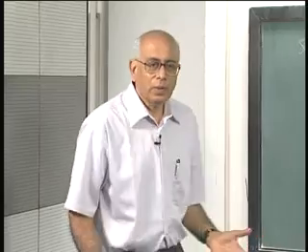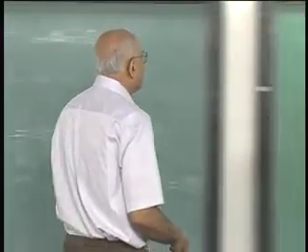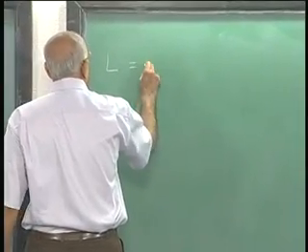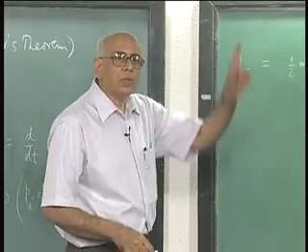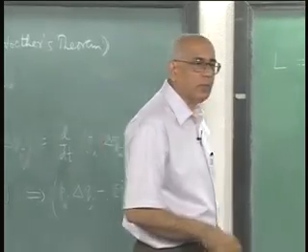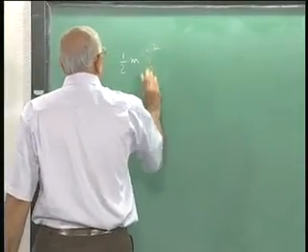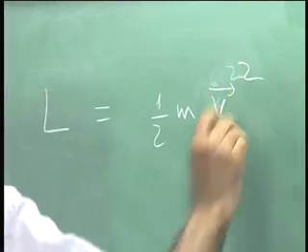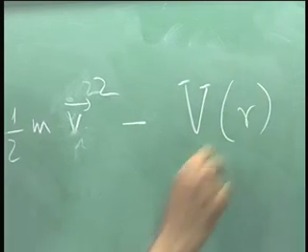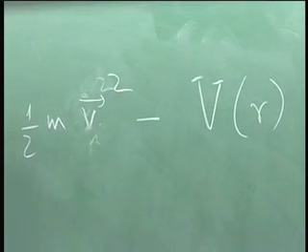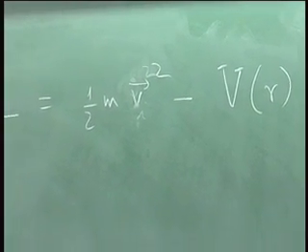Now let us apply this. I know that if I take a particle in some potential, say a central potential for example, so let us see what happens then. So I start with L for a single particle equal to the kinetic energy, half m xi dot squared, x1 dot squared plus x2 dot squared plus x3 dot squared if you like, or half m v vector squared, minus some potential V, and let us say it is a central potential for instance.